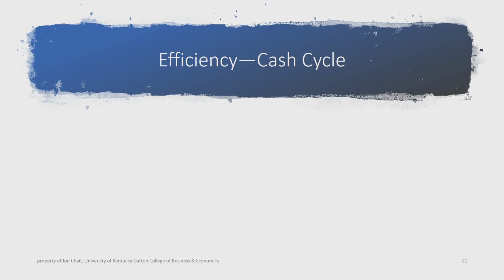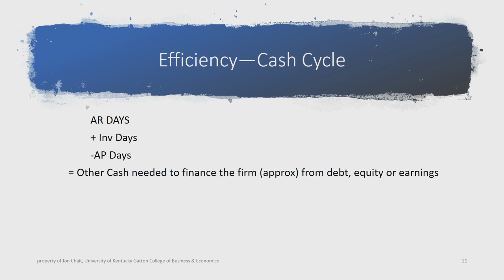So let's think about putting these all together. Sometimes companies will refer to a cash cycle, and the cash cycle consists of the AR days plus the inventory days minus the AP days. And think about this: the AR days are going to be all sales, because in our class we're assuming all sales are on credit.